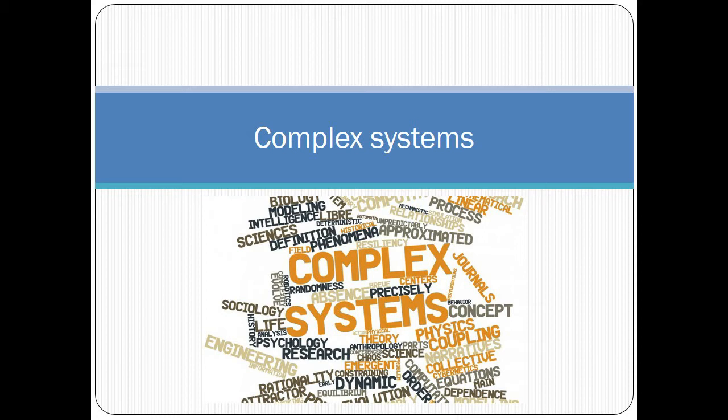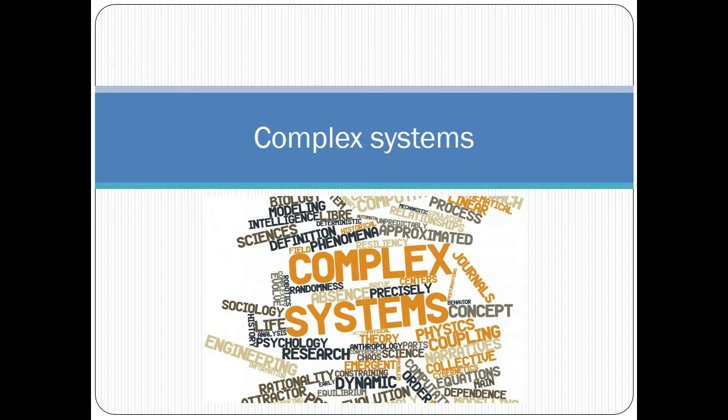Complex systems is an independent domain or coursework in itself, as are software systems and database systems. We'll just see the highlights or basics of these courseworks so that you have some idea of how the coursework will be done.